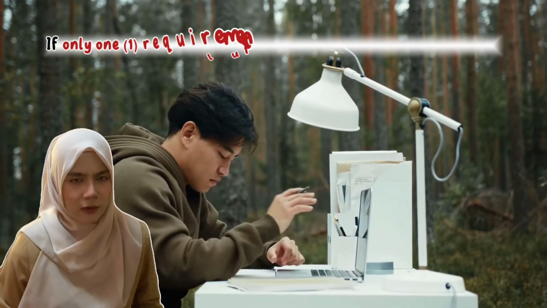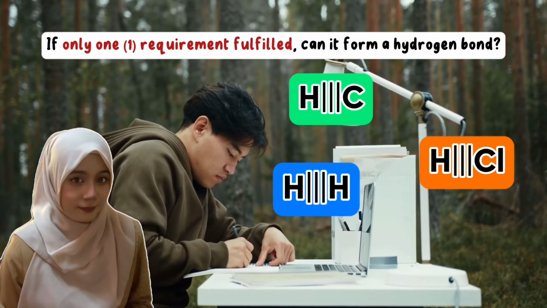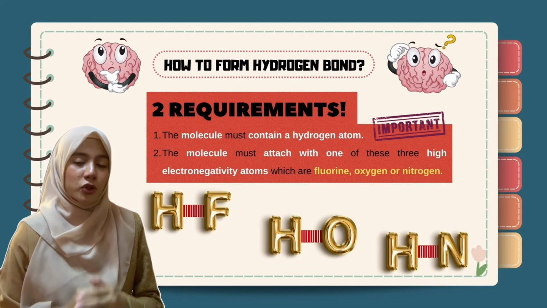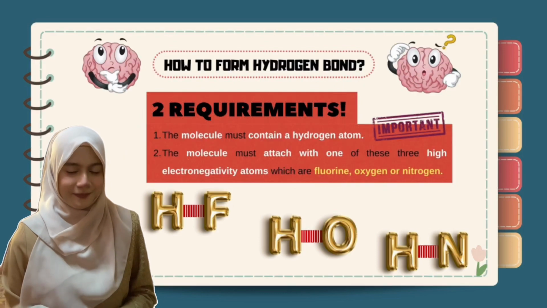So, I want you to think for a while. If only one requirement is fulfilled, can it form a hydrogen bond? The answer is no, it cannot form a hydrogen bond. Why? Because you need to remember, to form a hydrogen bond, both of the requirements must be fulfilled. Are you guys clear so far?